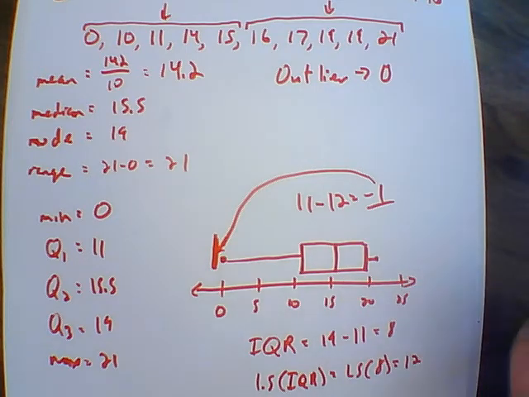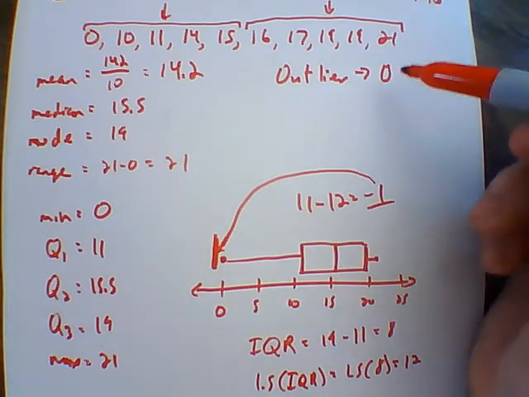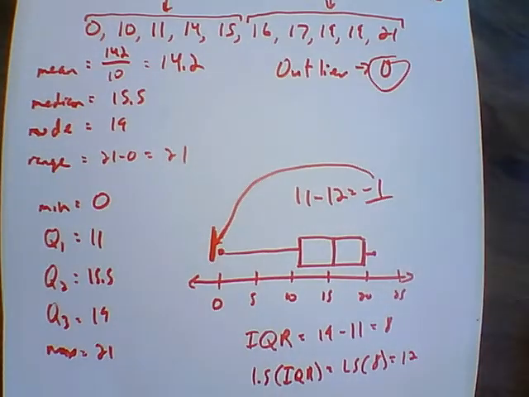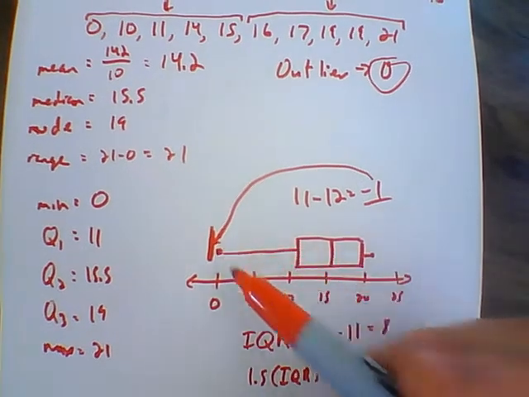Okay, so to answer question 10 for an outlier, this one could go both ways. We could say 0 is an outlier just because it's not reasonably fitting with the data, but mathematically, technically it's not.